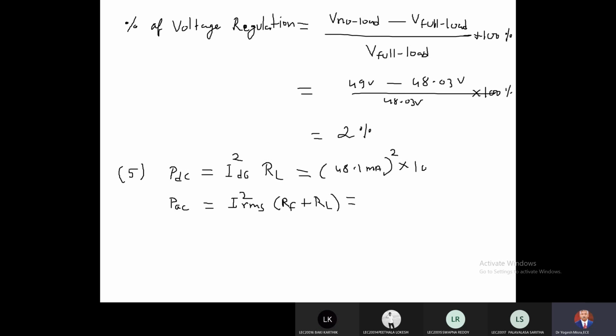RL I will write in ohm, and milliampere you write in ampere, then you will get the value in watt, right? So into 10 raised to the power minus 3. I have already done the calculation for this, and the value is 2.3 watt.